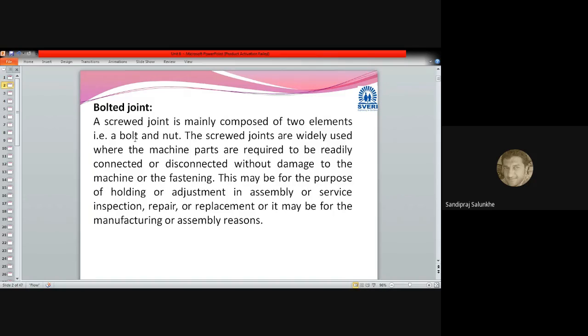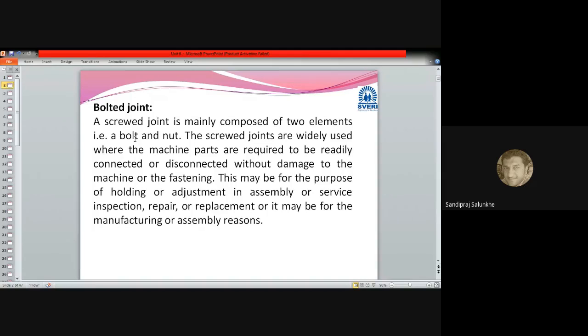Screwed or bolted joints are widely used, as I have already explained, where the machine parts are required to be readily connected and disconnected without damage to the machine or the fastening.